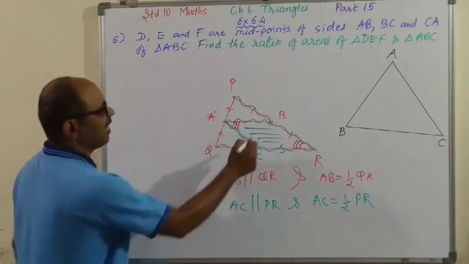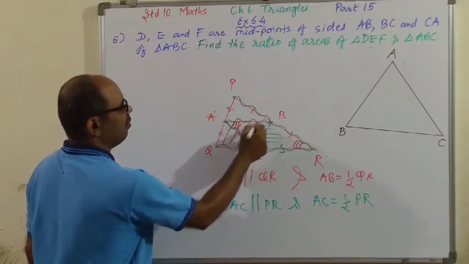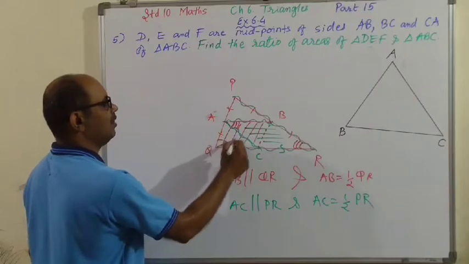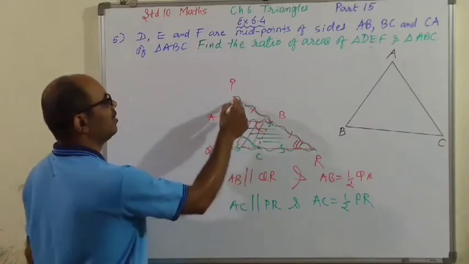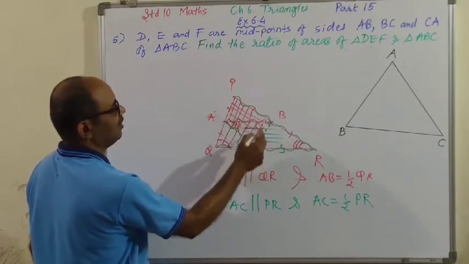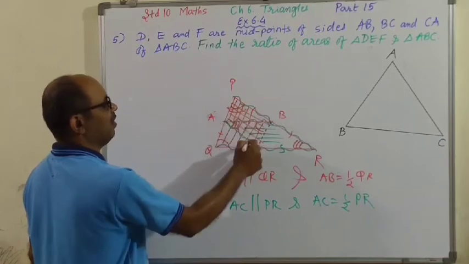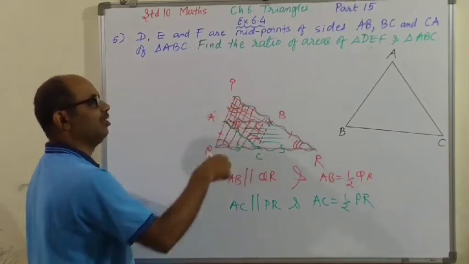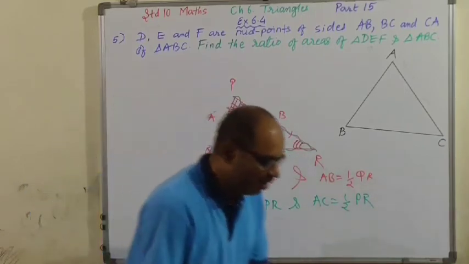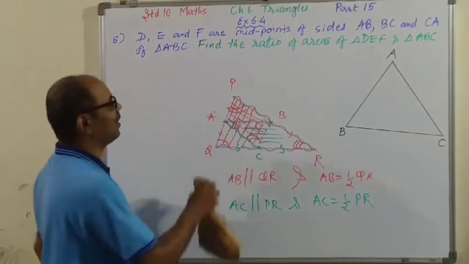If you take this side, BC, then this one will be a parallelogram, and the opposite angles would be equal. Same way, if you take this one, A, P, B, C, then angle P will be angle C because it also would be a parallelogram. Got it?